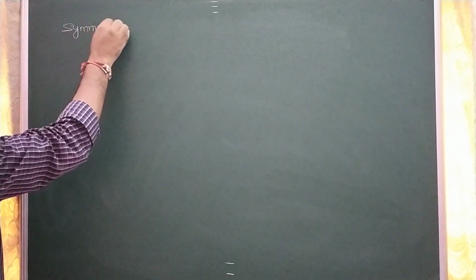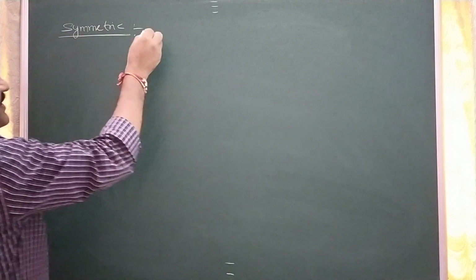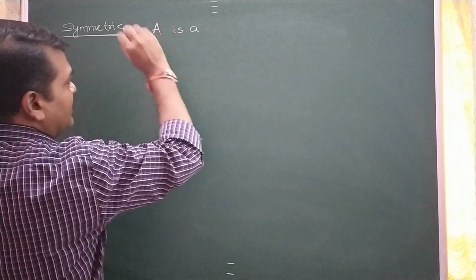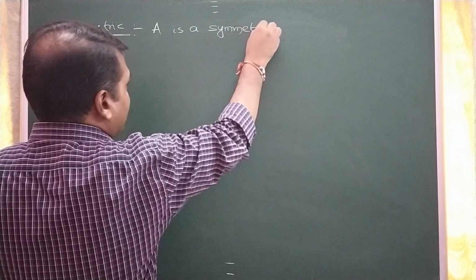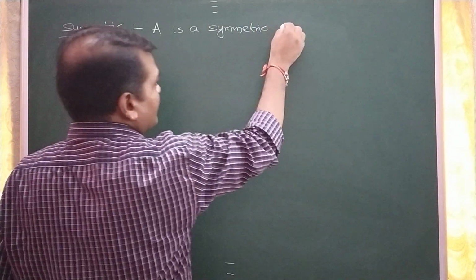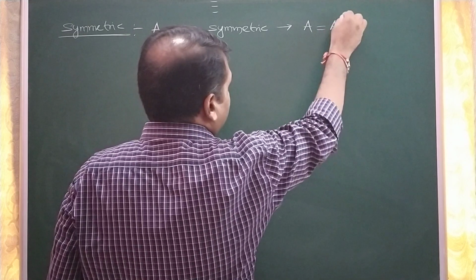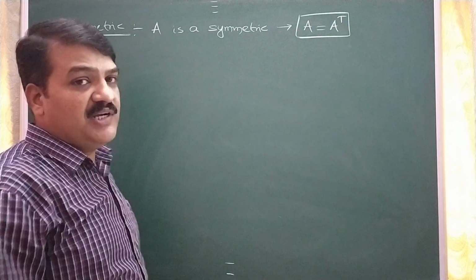So a symmetric matrix means basically, capital A is a symmetric matrix when A is equal to A transpose.